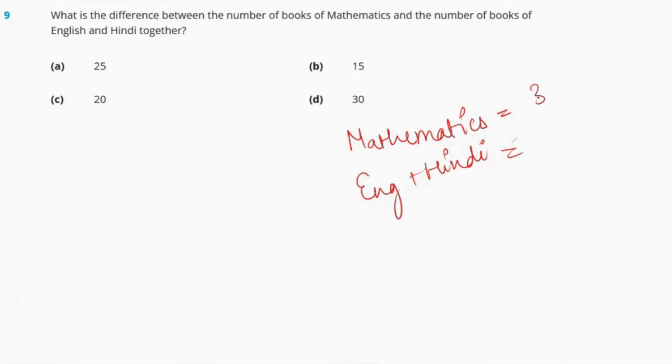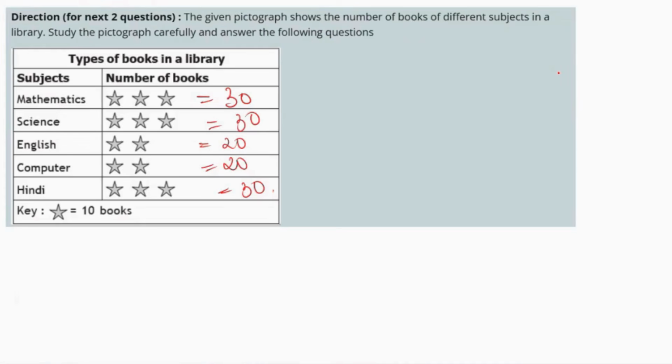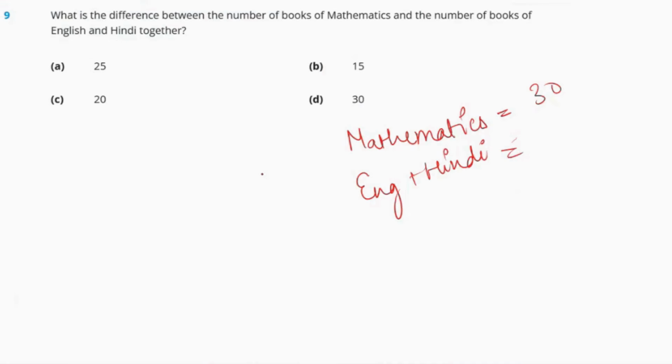So let us write it down here. And the total number of books of English and Hindi will be, for English it is 20 and for Hindi it is 30. Okay, so it is 20 plus 30, which means it is 50, right? Now it is clearly visible that the difference between 50 and 30 is 20. Therefore, the right answer to the question will be option C, 20.